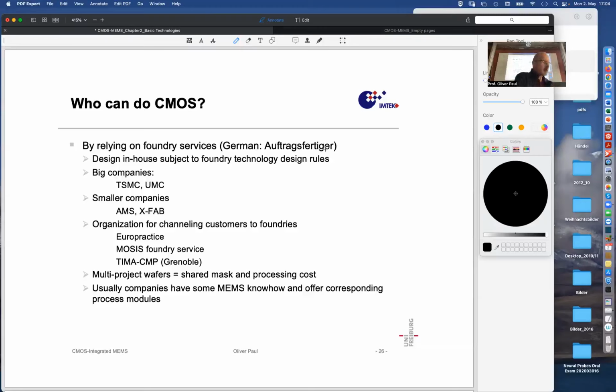I just remember that while I was a postdoc, I read this article by a journalist in the Neue Zürcher Zeitung, very respectable journal. And then they talked about this new silicon foundry, and the guy translated into German, die Siliziumgießerei. And now you have a totally different mental image. Somebody who melts silicon and then pours it into some receptacles and does all kinds of interesting things with it.